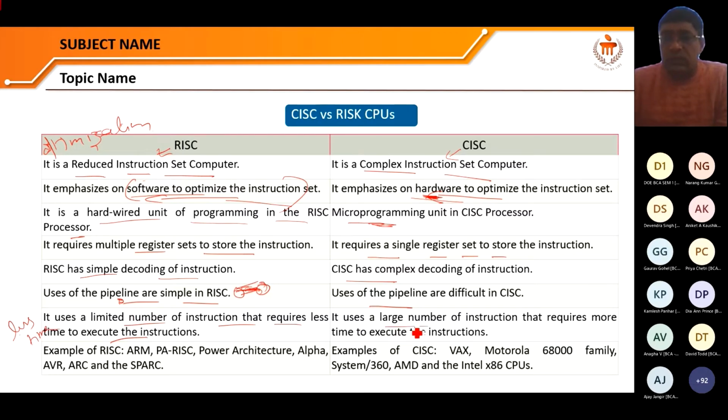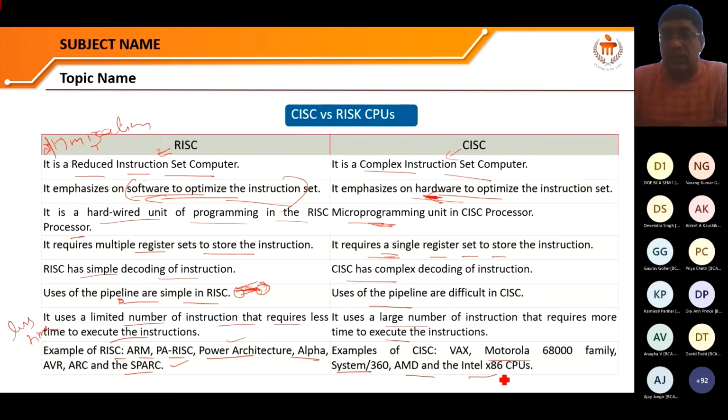The examples of RISC are ARM, PA-RISC, Power Architecture, Alpha, AVR, ARC and SPARC. So you have heard about the SPARC system. The Motorola 68000 family, System 360, AMD and Intel x86 CPUs are examples of CISC.